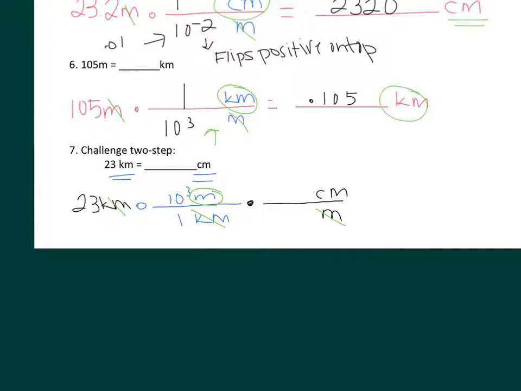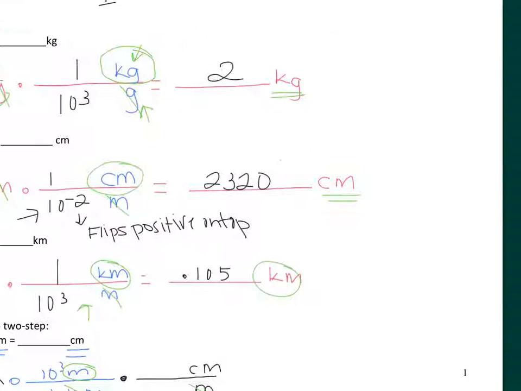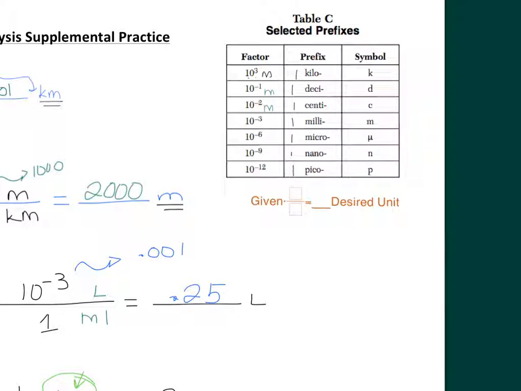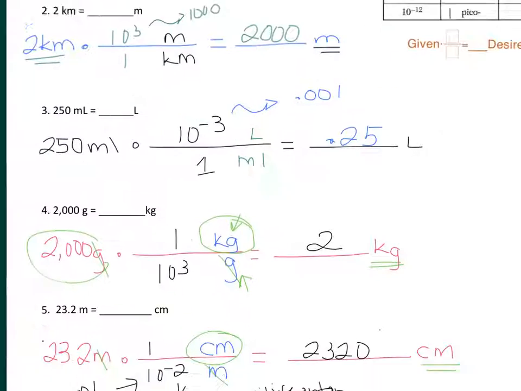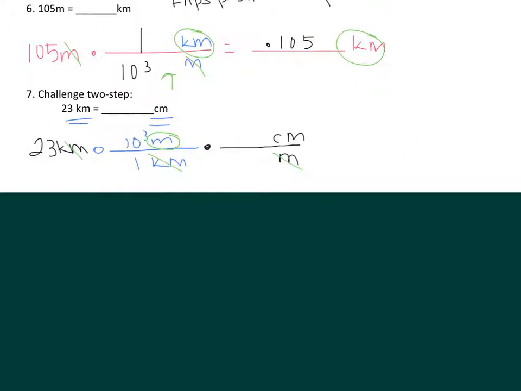How do I get from meters to centimeters? I'm going to go back up to my conversion factor, and I'm going to take a look. And I'm going to say, okay, 1 centimeter, 10 to the negative second meters. And I'm done. I know I'm in my centimeter unit.